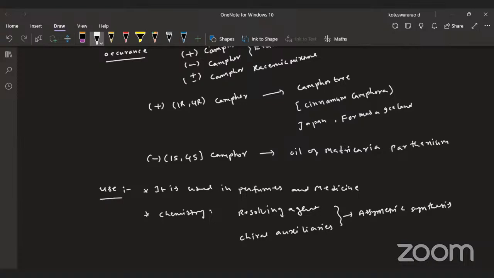The synthesis of chiral compounds is known as asymmetric synthesis, right?